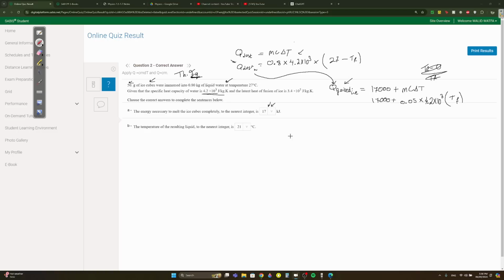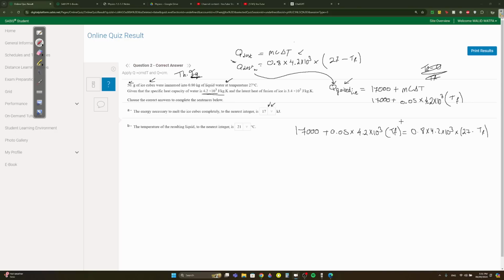So it's going to be equal to 17,000 plus 0.05 times 4.2 times 10 to the power of 3 TF equals 0.8 times 4.2 times 10 to the power of 3 times 27 minus TF.